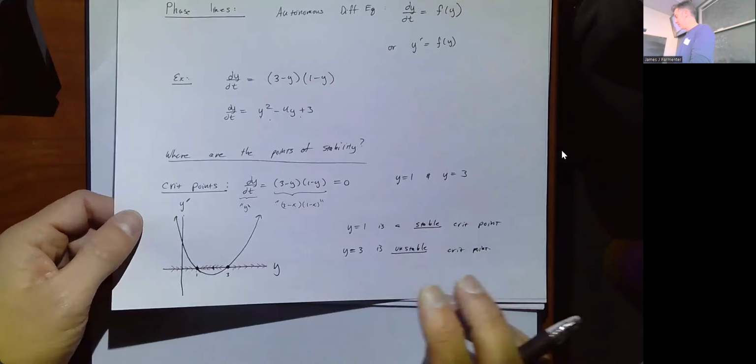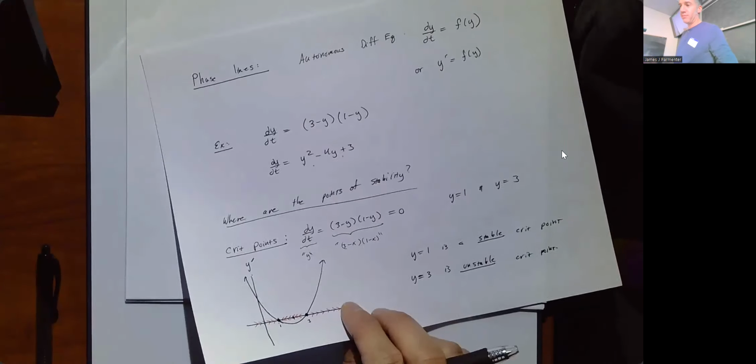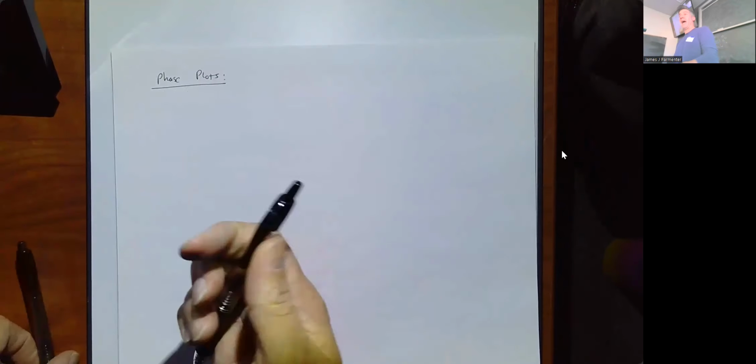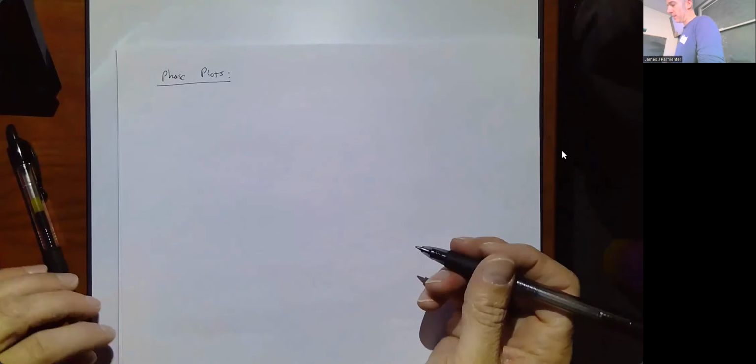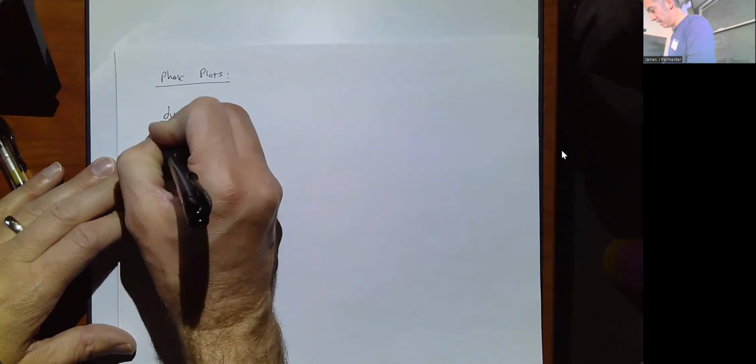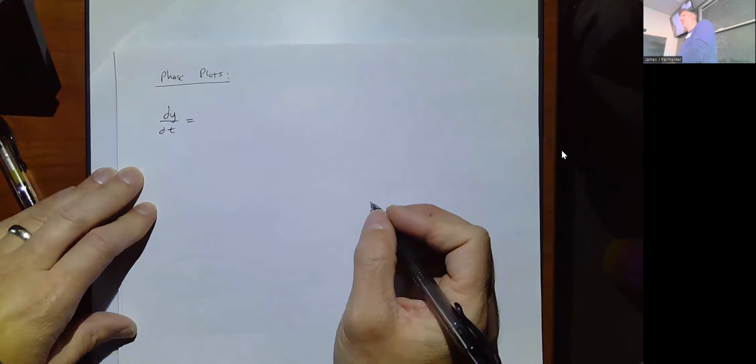The other thing is less fun to talk about, but we should talk about it. Phase plots, on the other hand, are something you probably won't have to do much of, but you might be asked to look at. So for a phase plot, let's make something up. I've got dy/dt equal to, how terrible do I want this to be?